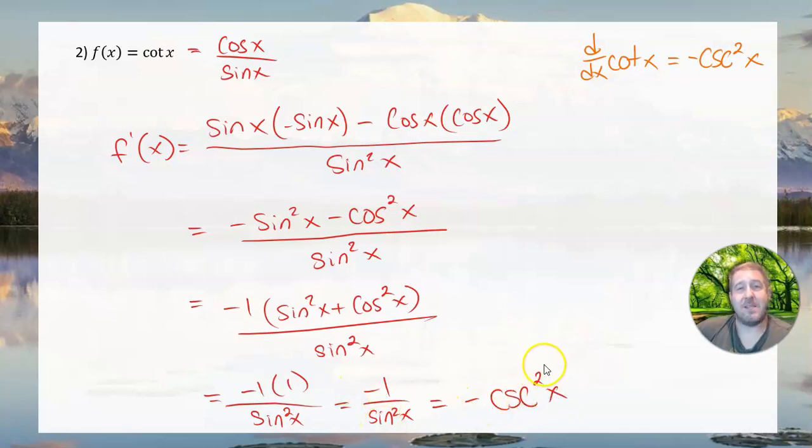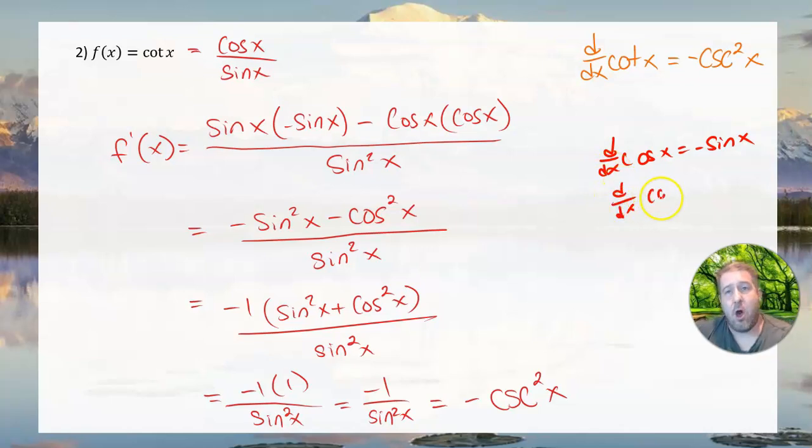Now, one of the things I've noticed, and this is, since I've gone over a lot of them now, cosine, the derivative of cosine of x is negative sine of x. And then the derivative of cotangent of x is negative cosecant squared of x.